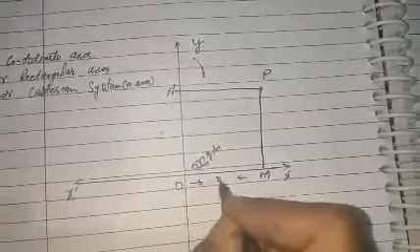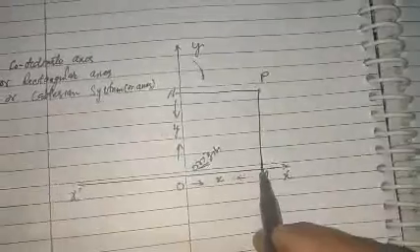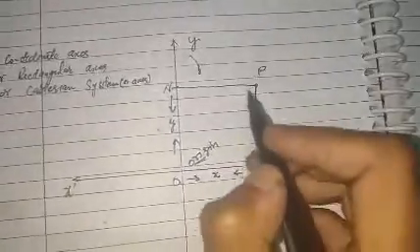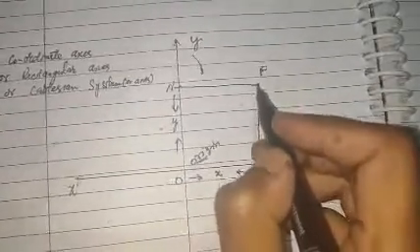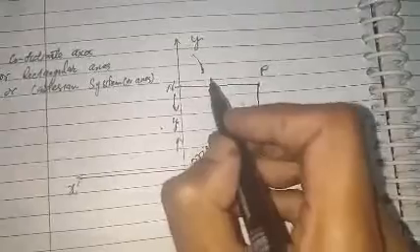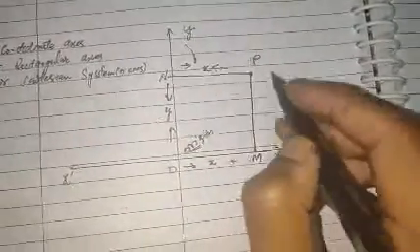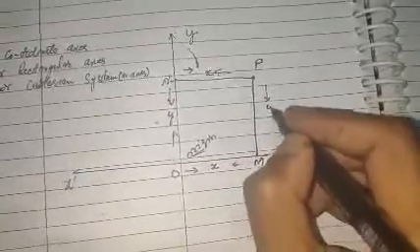OM is x units and ON is y units. The distance of point M from the origin is x units and the distance of point N from the origin is y units. Or we can say point P is x units away from the y-axis and y units away from the x-axis.